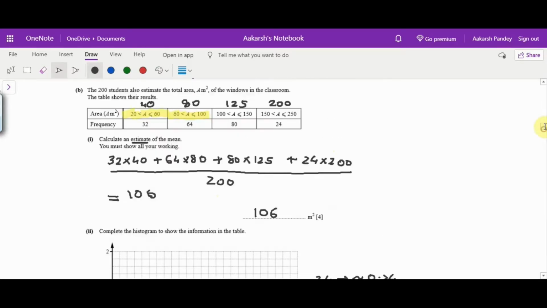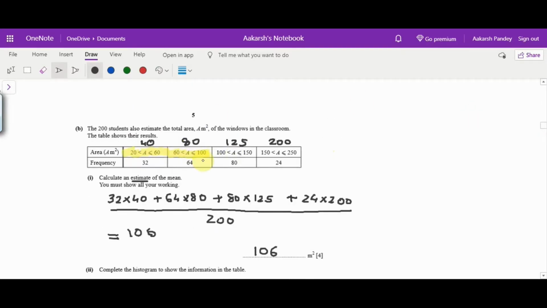Now I'll just calculate the frequency density. I'll use a different color over here. Let me use red. So it will be 32 by 40, 0.8.